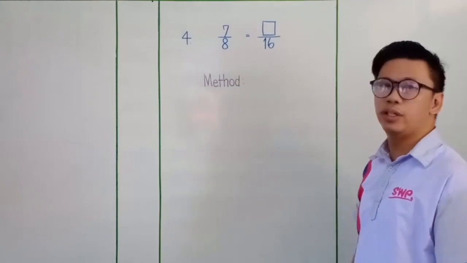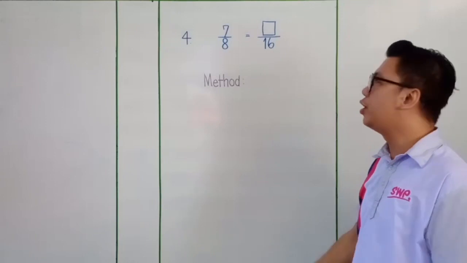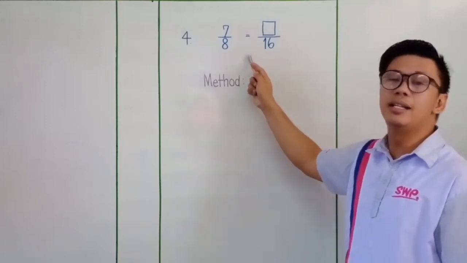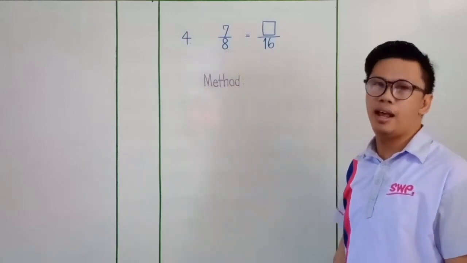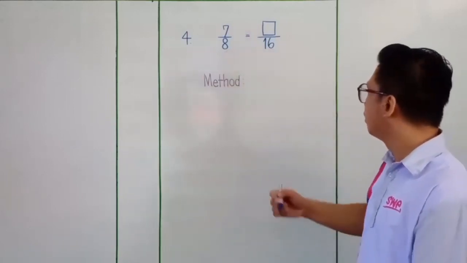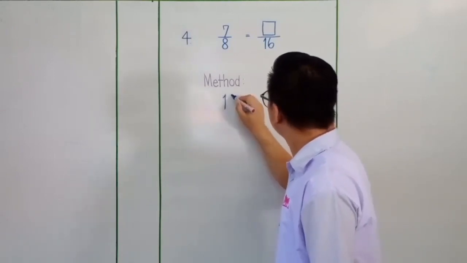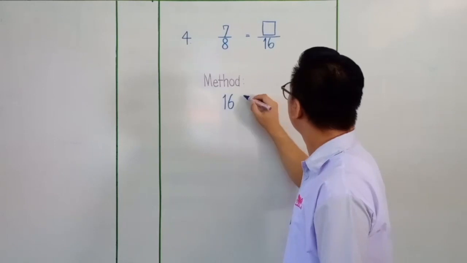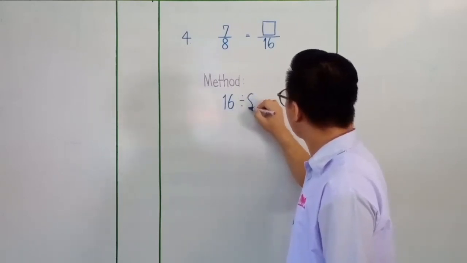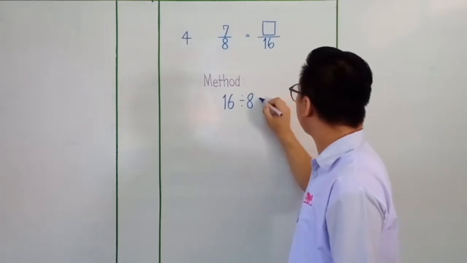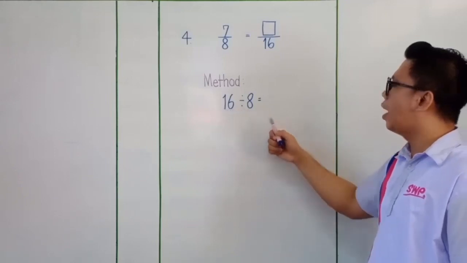The first method that we will do is to divide the denominators, 16 and 8. So we will write 16 divided by 8.